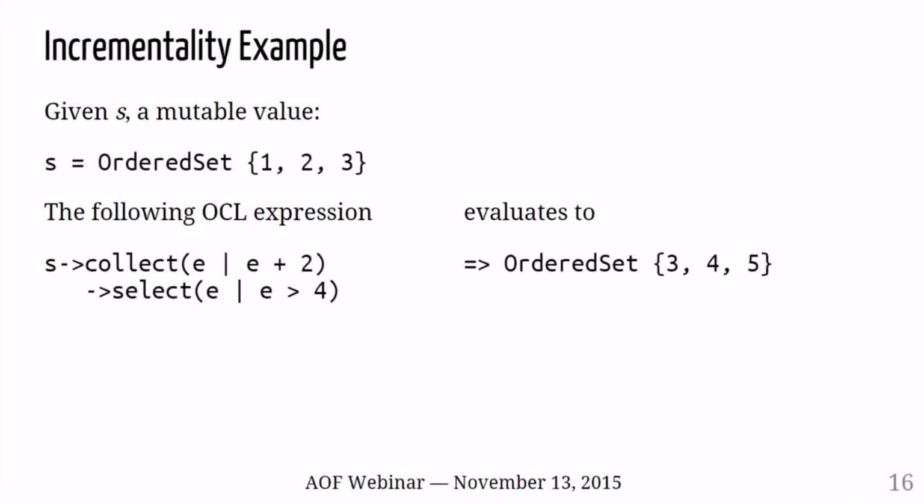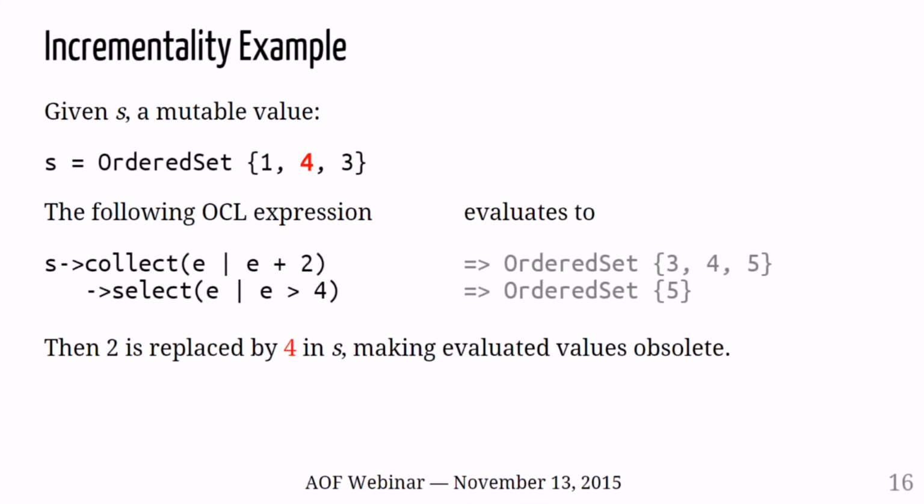We will first collect the result of adding 2 to every element. So from 1, 2, 3, we go to 3, 4, 5. And then we will select those elements which have a value greater than 4. So we end up with a single value, which is 5.